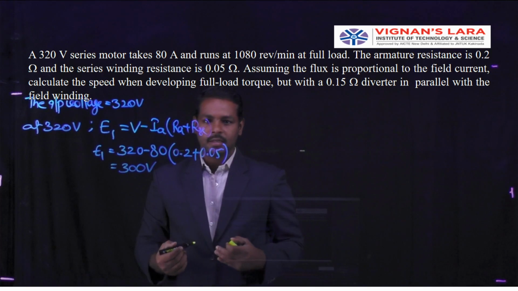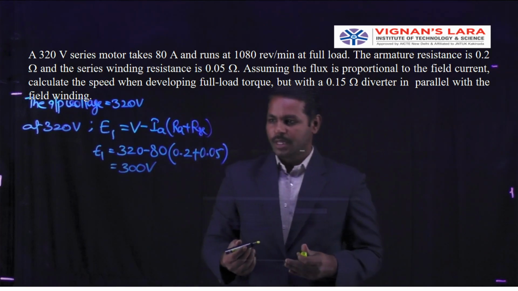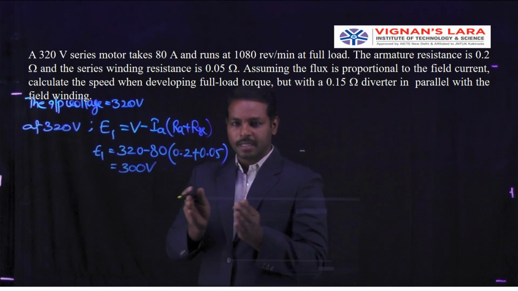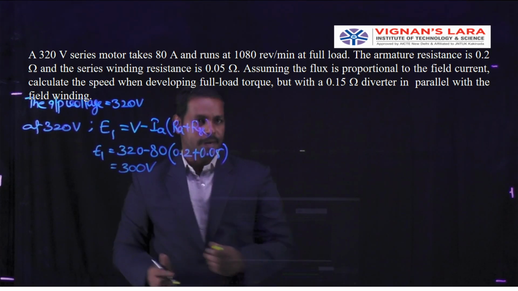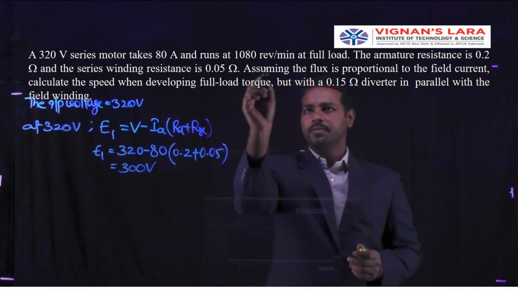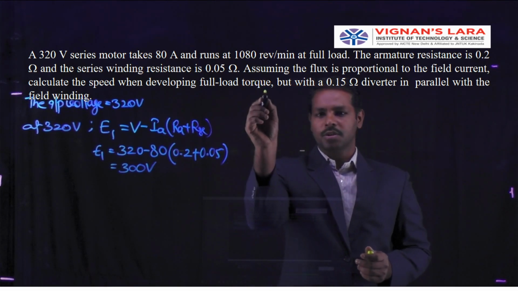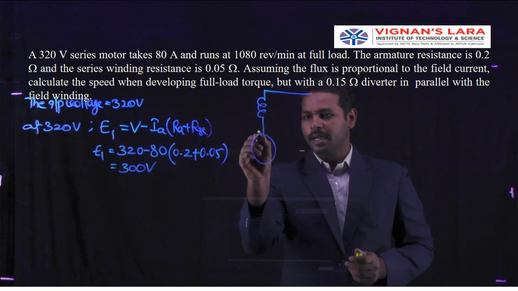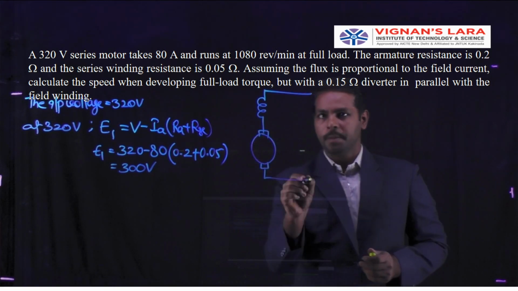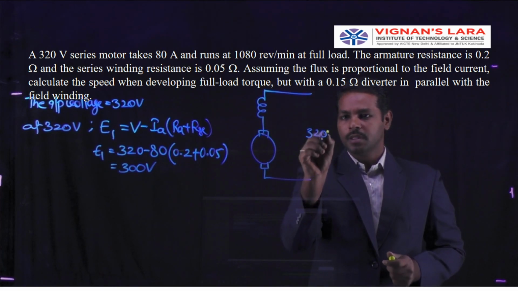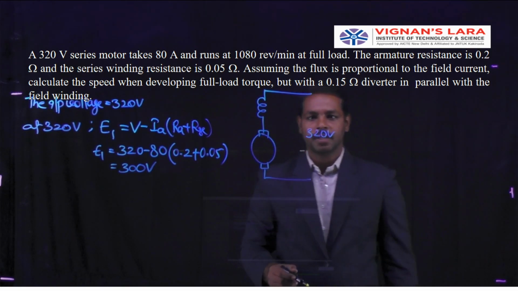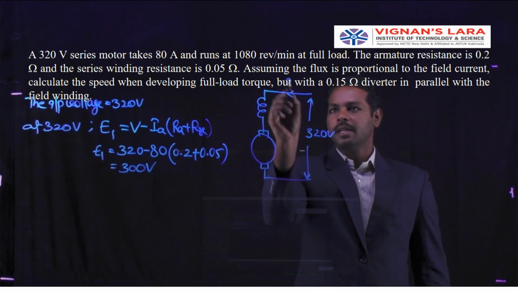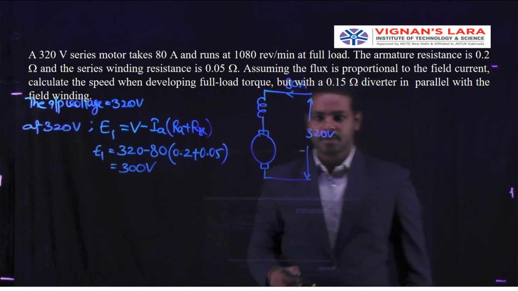Second is when a 0.15 ohm diverter is connected in parallel with the series field winding. First of all, we can draw the motor: the series field winding is connected in series with the armature, with 320 volts across the supply and a corresponding current of 80 amperes.